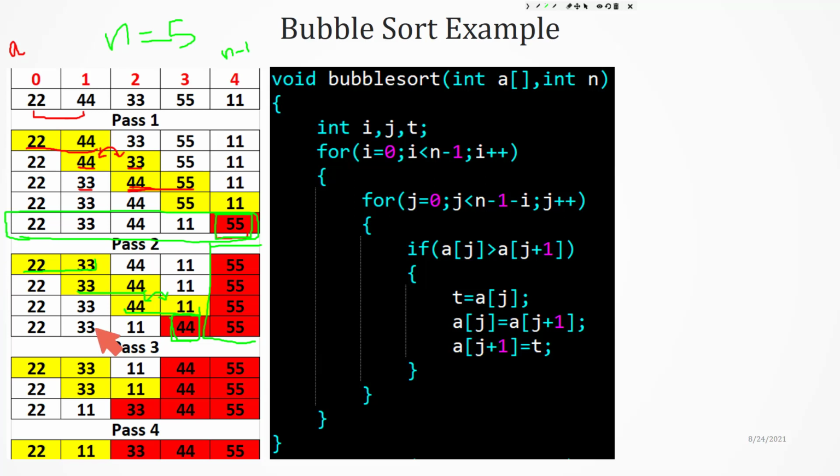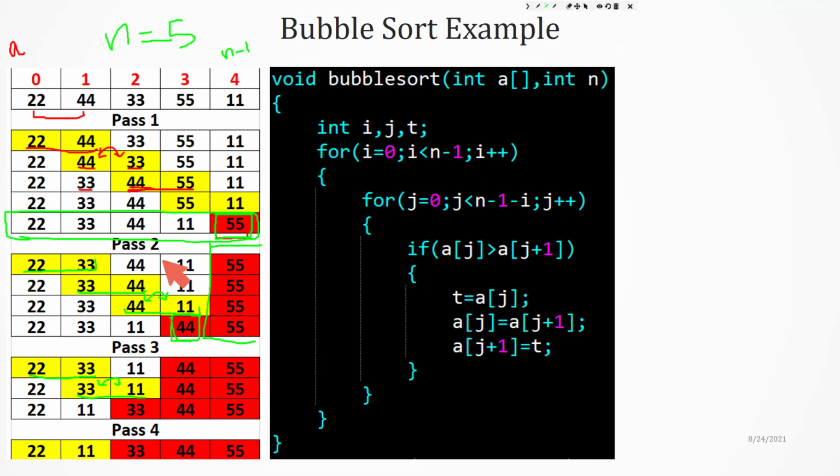Next we will go for pass 3. 22 and 33 will be compared. It is already in order, so there will be no change. 33 and 11 will be compared. It is out of order, so we will exchange it. When we exchange it, we will get 22, 11, 33.